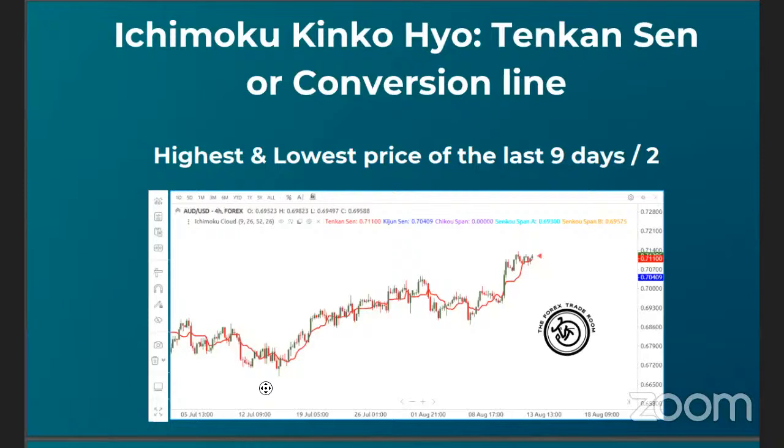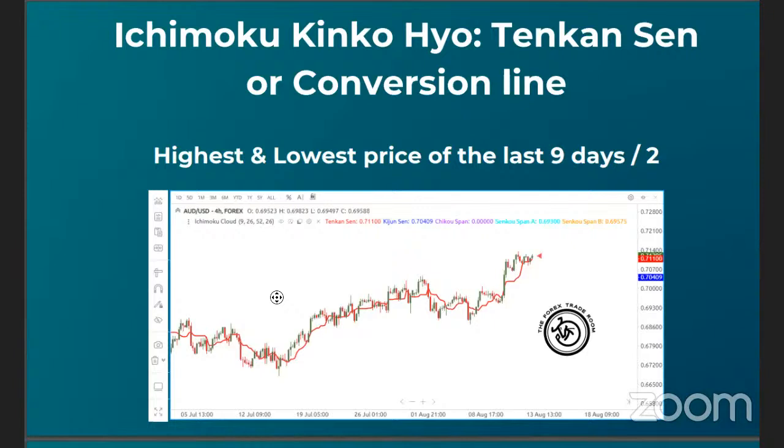Say it again: the highest and the lowest prices of the last 9 days, divided by 2. So if this was a daily chart, you would look at the last 9 candles. Those would be days, because that's where we would be on the daily chart. Here you're looking at the last 9 days' worth of candles.